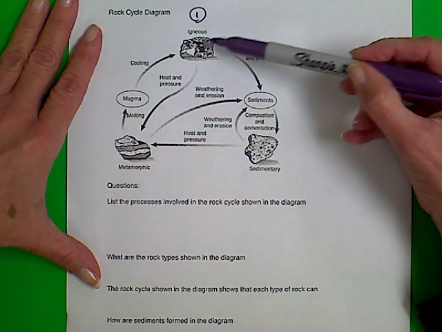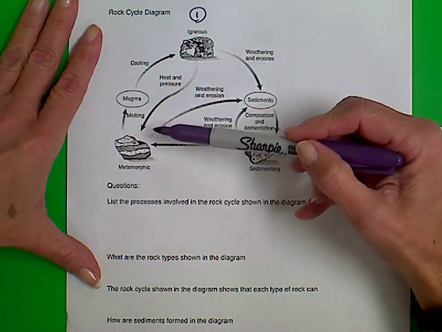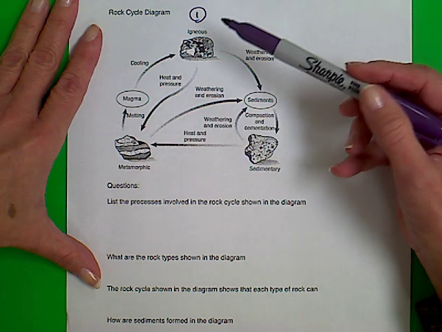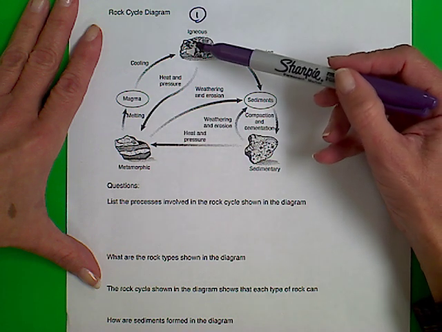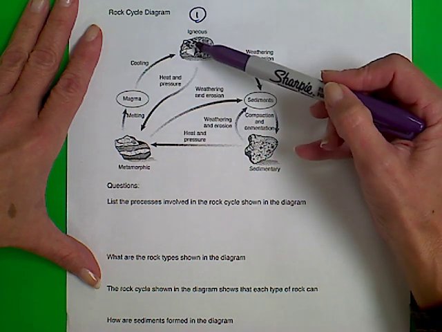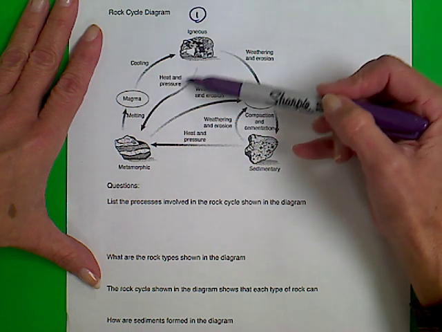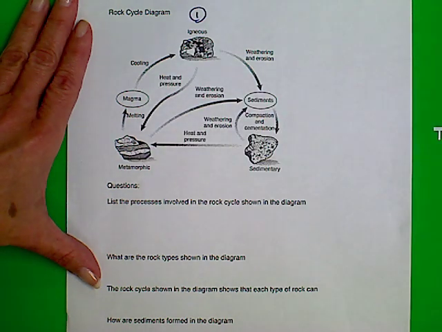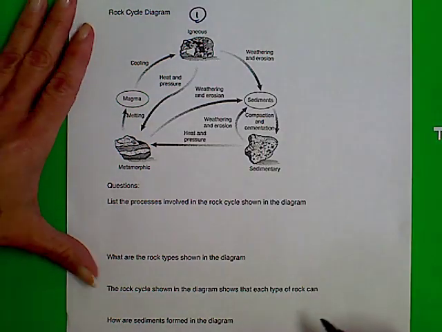So with igneous, I can go in any of these directions. Or we could get heating of this, and then heat and pressure, and it can become metamorphic. So it's important to realize that it can go into more than one item.